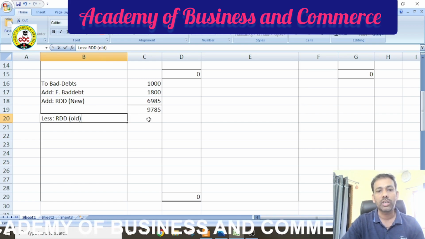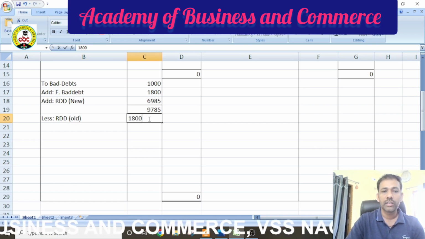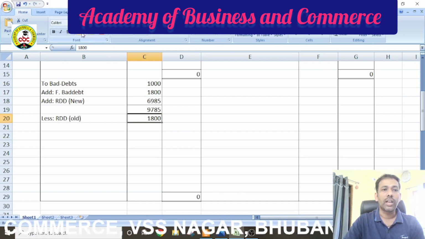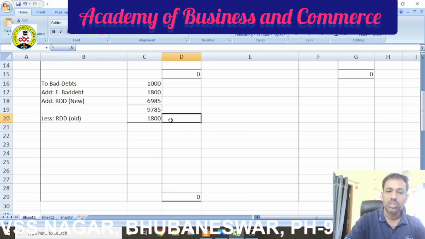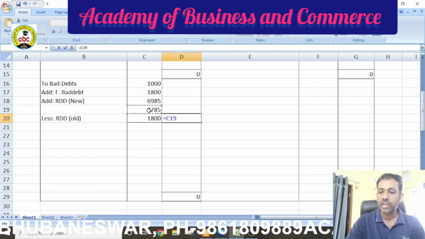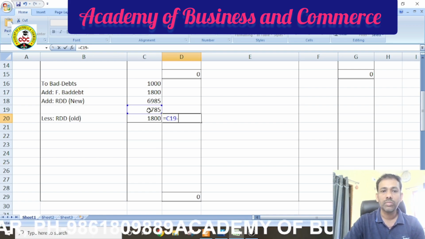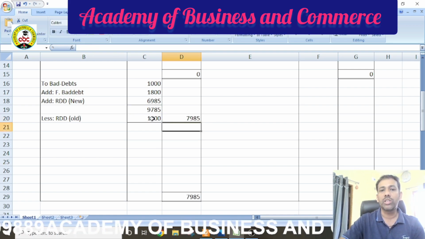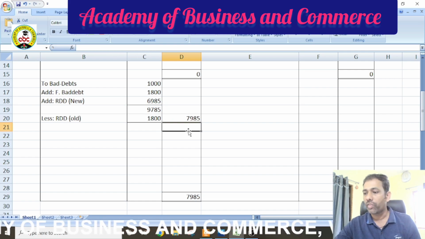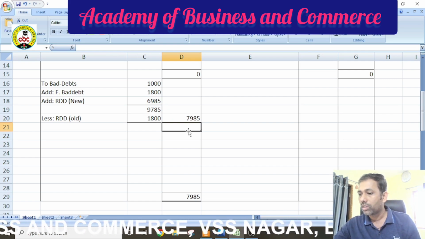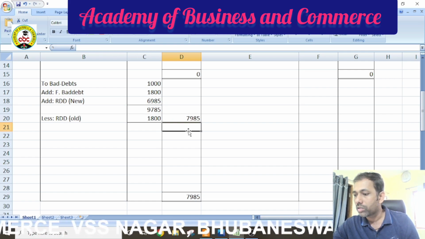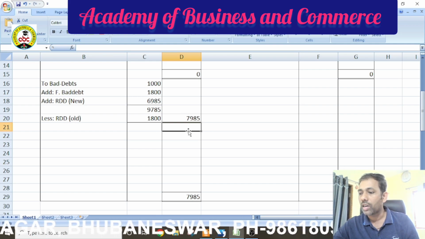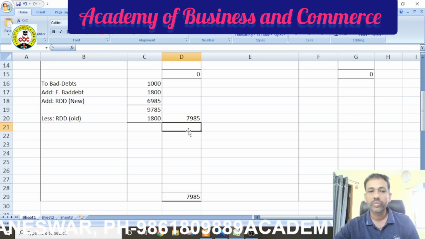That we have to deduct here as 1,800, and we take the final figure in the outer column. So 9,785 minus 1,800, the net amount is 7,985, which is the adjustment figure you have to take in the output.